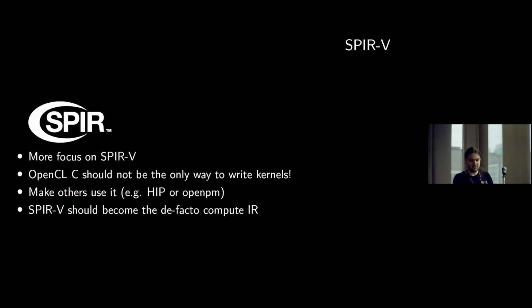The GPU is just a different thing, and it shouldn't be part of some compile-time decision. Maybe your application is 10 years old and you still want to have it accelerated on your modern GPU, and that's why I think that SPIR-V should become the de facto compute IR going forward, which I think we are heading towards already. So that's cool.